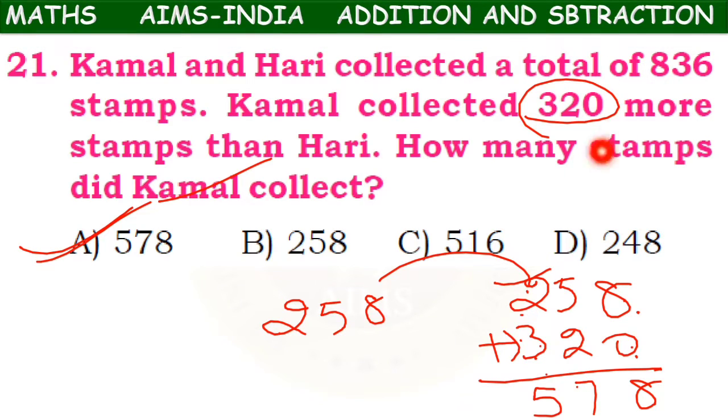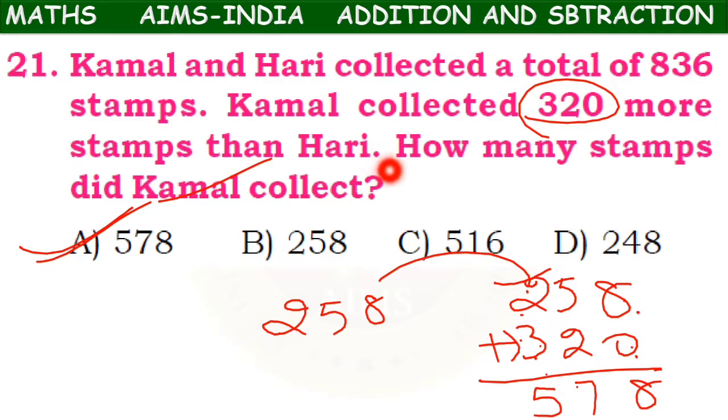Understanding children? See, if we take out this extra stamps from it, then the remaining stamps are distributed equally. Now only to that equal stamps, when we add 320, we will get the number of stamps collected by Kamal.